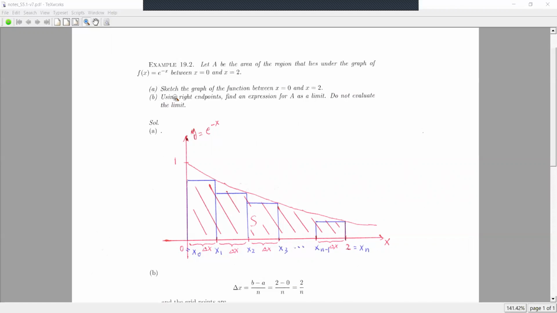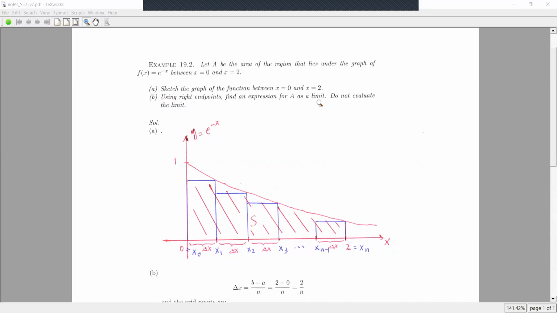Question A, sketch the graph of the function here. This curve is the graph of the given function. The curve is a decreasing curve. Now B, using right endpoints, find an expression for A as a limit.